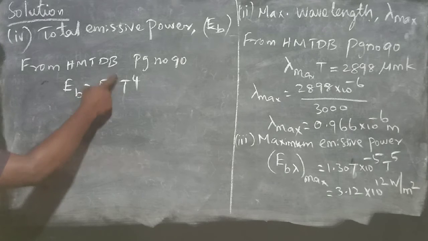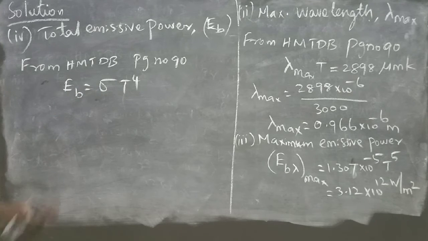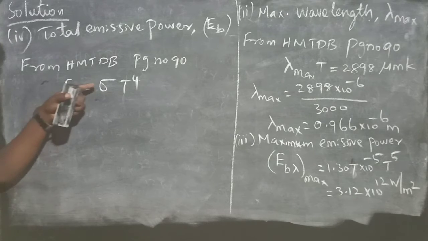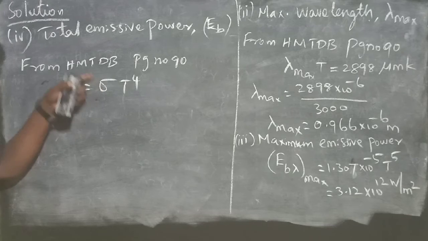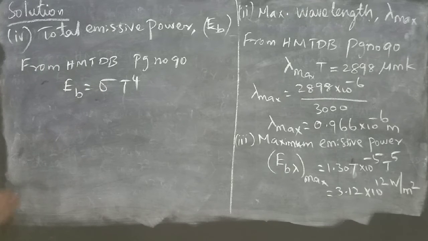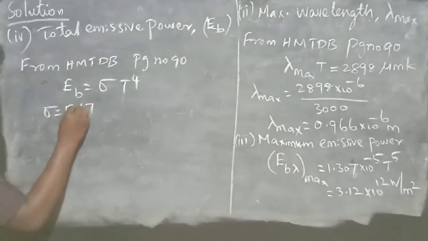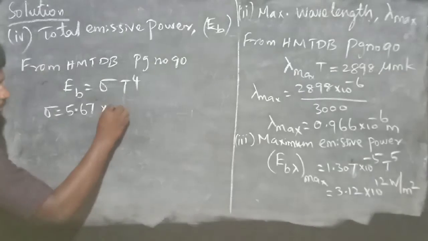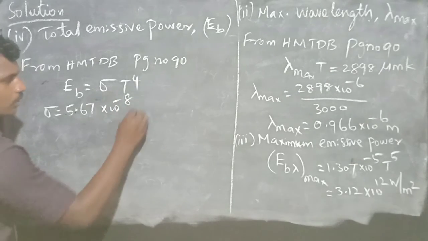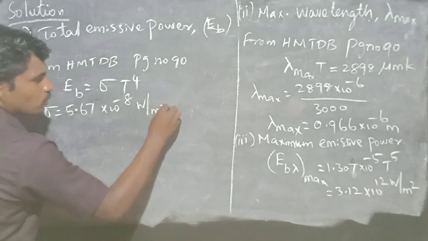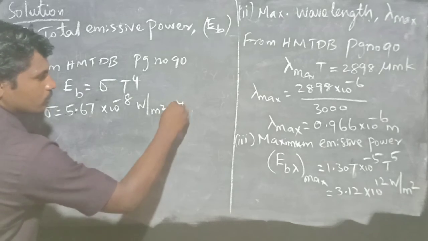What's sigma? Sigma is the Stefan-Boltzmann constant. The value we can take from the HMT data book, page number 90. The value is 5.67 into 10 power minus 8 watt per meter square Kelvin power 4.